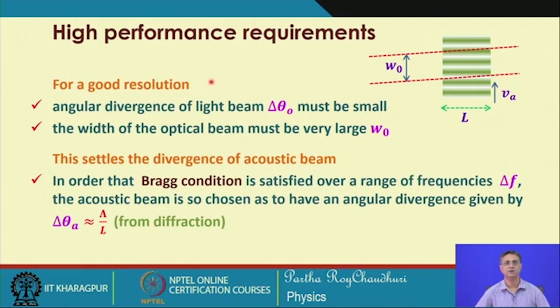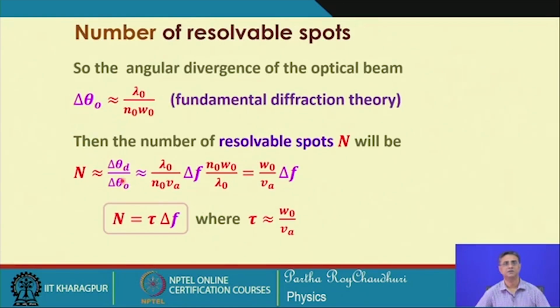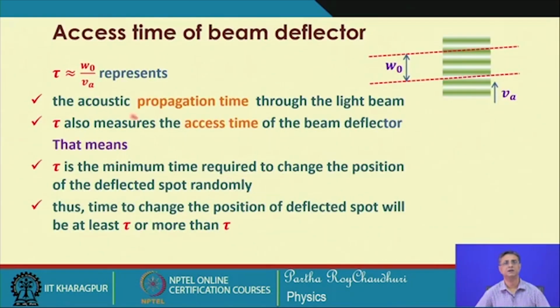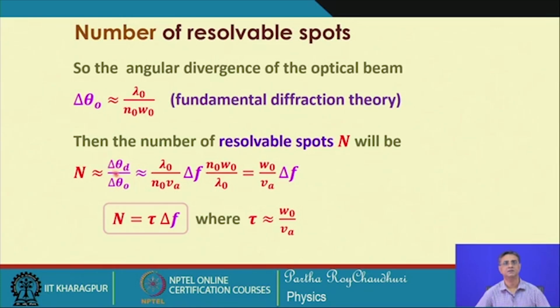For a good resolution of the acousto-optic Bragg type modulator, these are the requirements. As you can see from this equation, your delta theta 0 must be small, because it appears in the denominator.